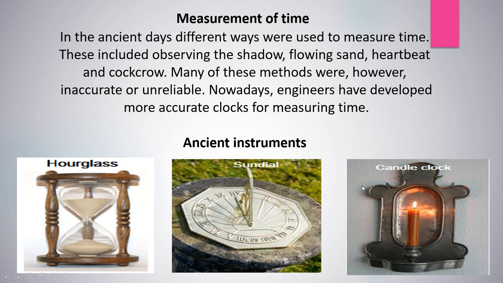There is also a candle clock, where they would put a candle inside here and keep monitoring it, and that is also an ancient instrument which we no longer have in these modern days. We are just enjoying the modernity of instruments, which I'm going to look at.